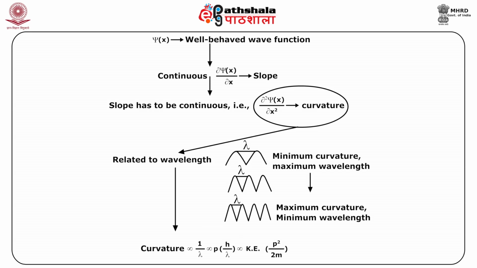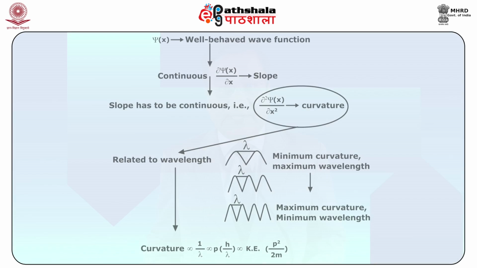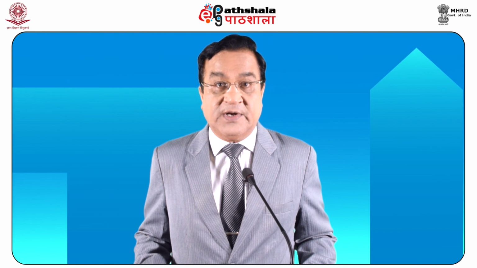And wavelength is related to momentum through de Broglie's equation. Therefore, curvature is directly proportional to 1 upon wavelength, or h upon lambda, or p, or kinetic energy, because the higher the curvature, the higher the kinetic energy. This is a very important relation.